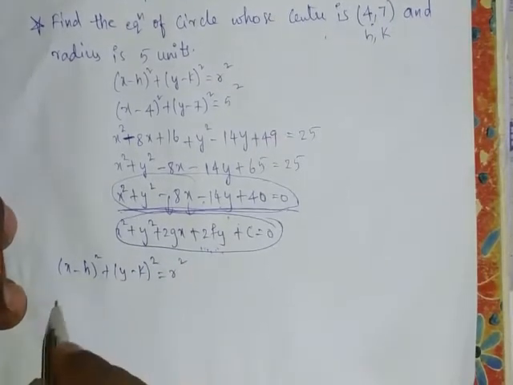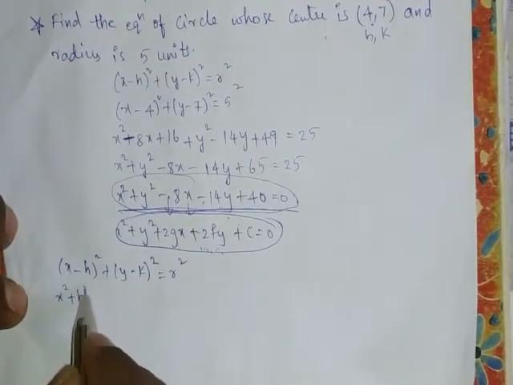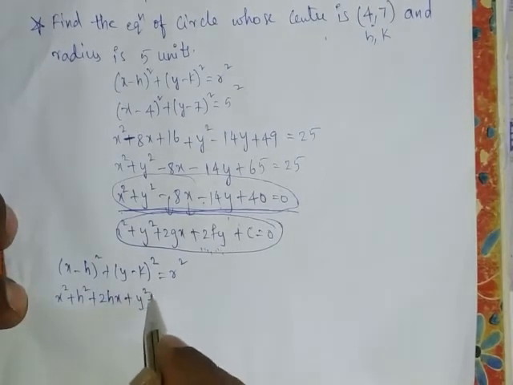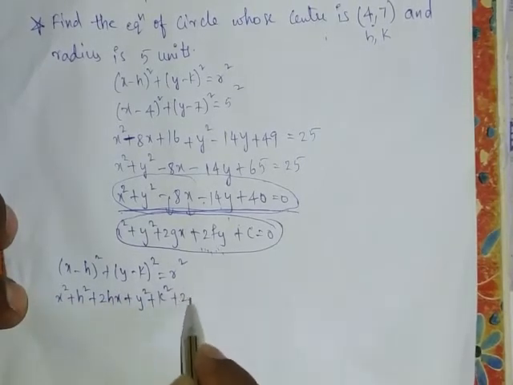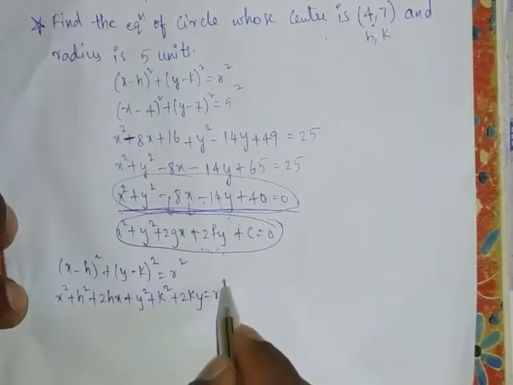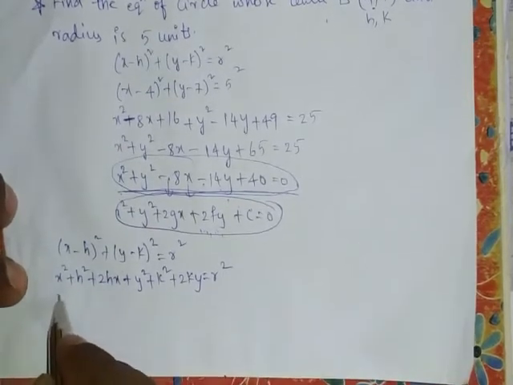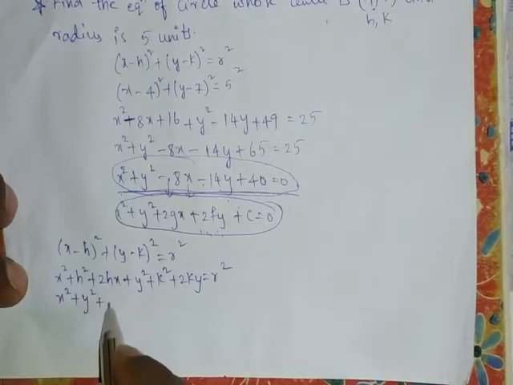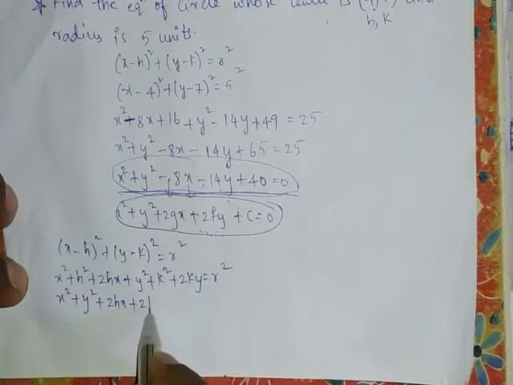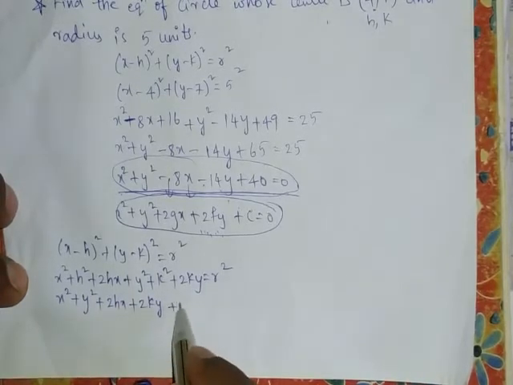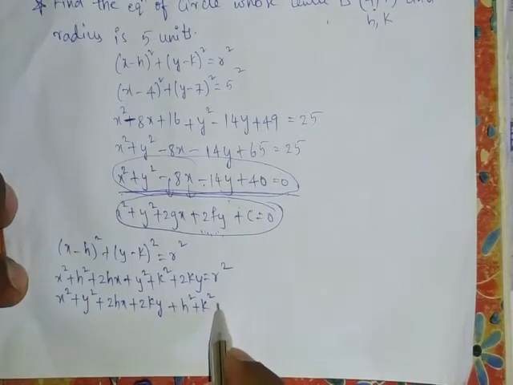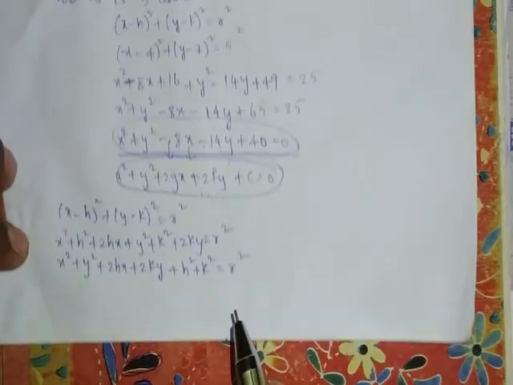We expand this: x square plus h square minus 2hx plus y square plus k square minus 2ky is equal to r square. Now I shall arrange in an order: x square plus y square minus 2hx minus 2ky plus h square plus k square is equal to r square.